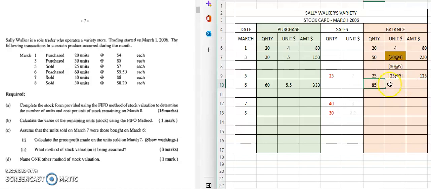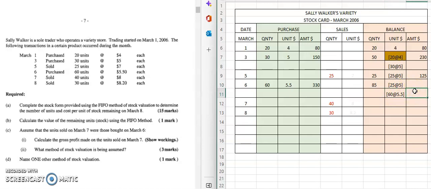And those 85 units, again, if we don't notice it carefully, will be 25 at 5 and 60 at $5.50. All right.